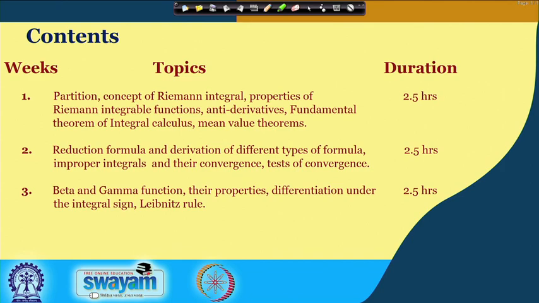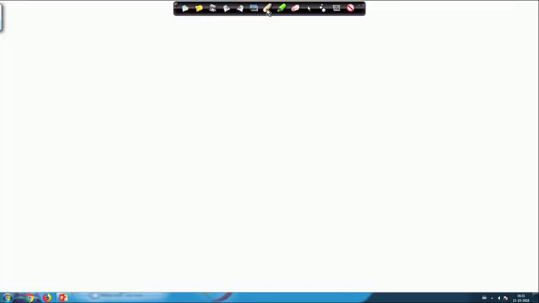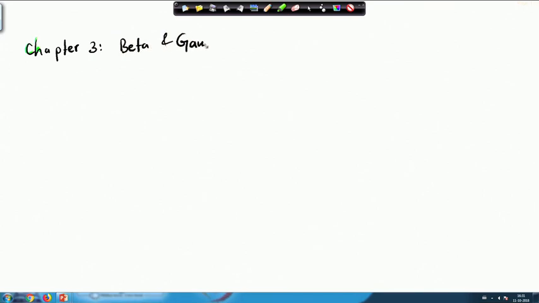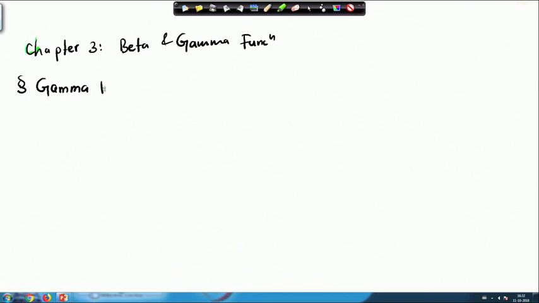So, let us start with the definition of the gamma function. This is our chapter 3, beta and gamma functions, and we will start with the gamma function.